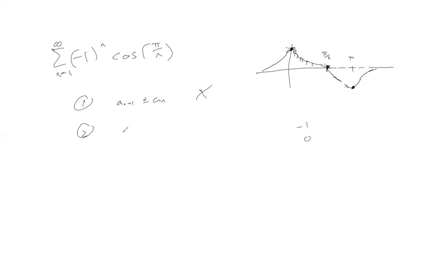But let's now try and apply this logic to the second condition. Okay, is the limit of a_n equal to 0? No, we said as n increases, we're getting closer and closer to 1, right? So the limit of a_n is equal to 1. So now what do we say?